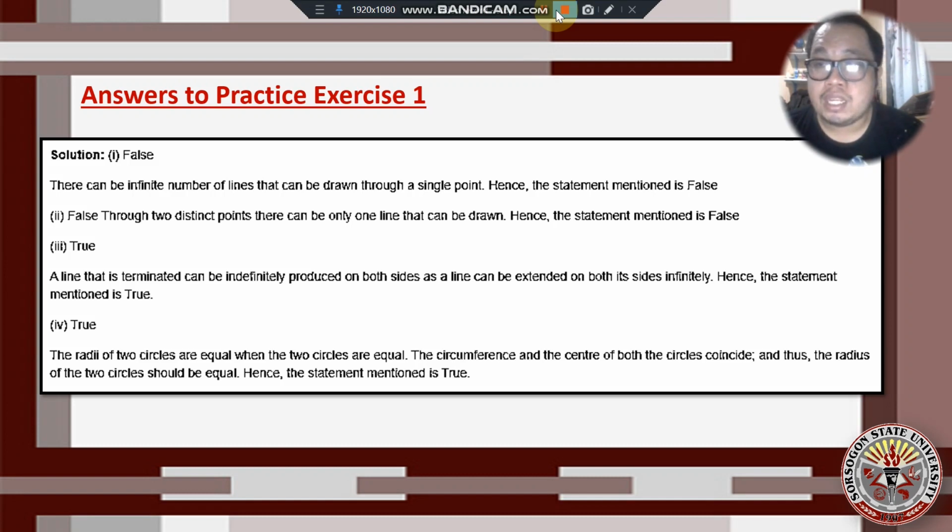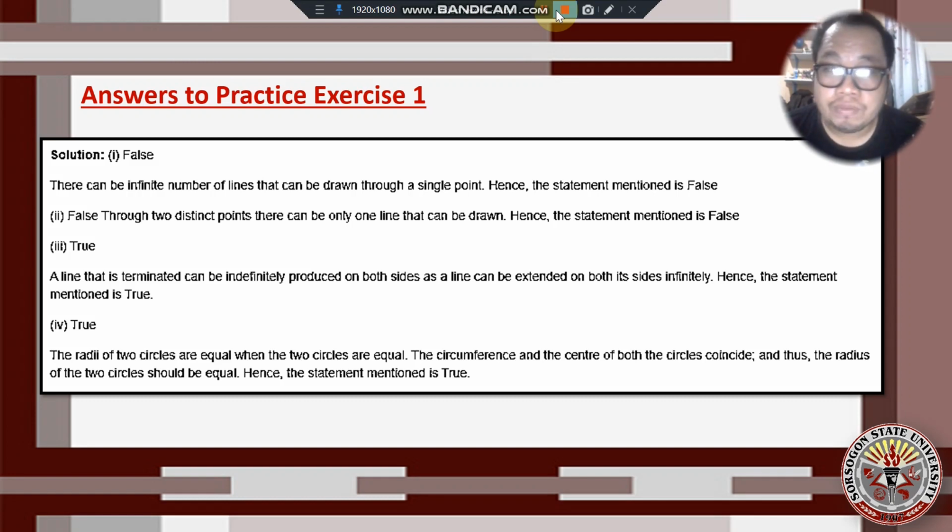Then number 3, the answer is true. Why? A line that is terminated can be indefinitely produced on both sides, as a line can be extended on both its sides infinitely. So hence the statement mentioned is true. Then lastly, again, the answer is true.